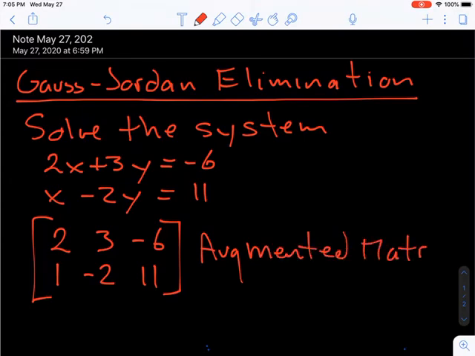Now, if we leave off the constants in the third column, and we just have the 2, 1, 3, and -2, we would have what is called a coefficient matrix. But when we're using Gauss-Jordan elimination to solve a system of equations, we create an augmented matrix.